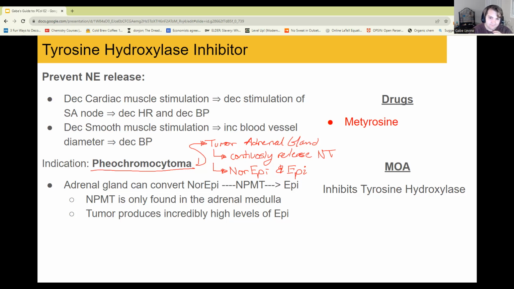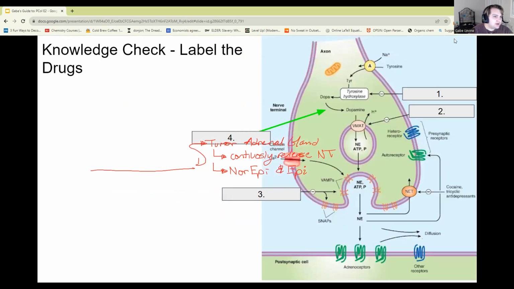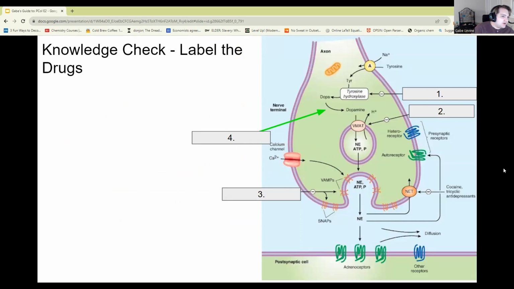All right. All right. Let's get to a little bit of practice. So take a moment, see if you can identify which drug should be at which point in the diagram.